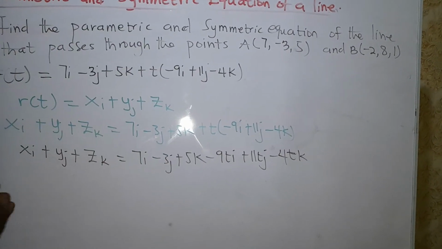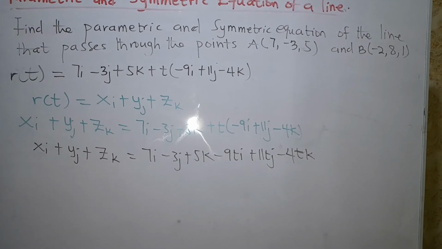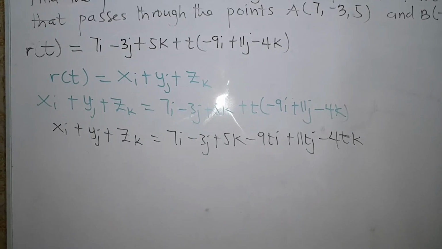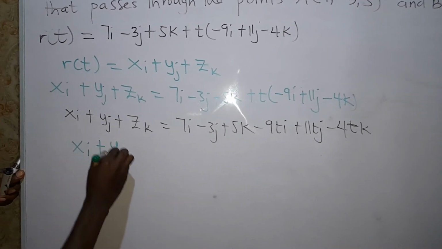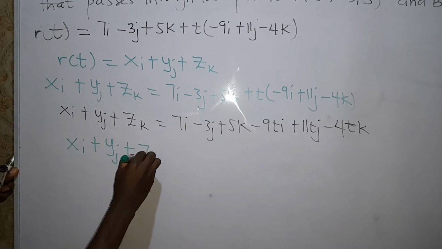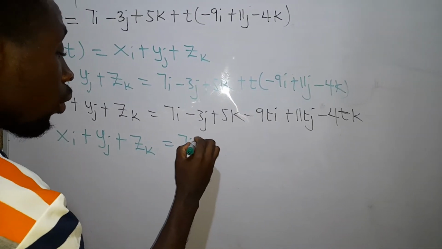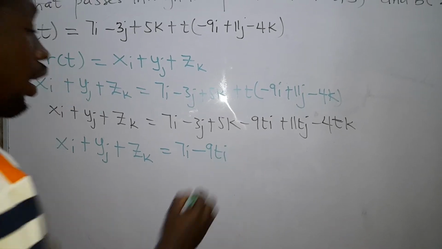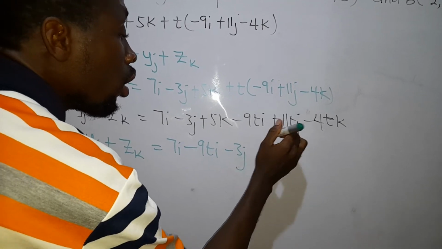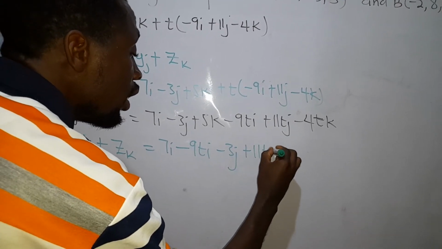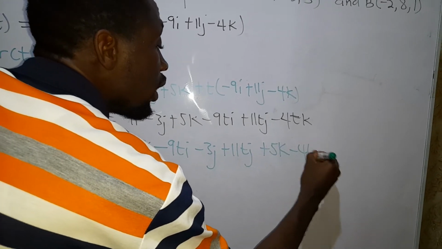Now we group like terms by bringing the i's, the j's, and the k's together. When we do that, we have xi plus yj plus zk equal to 7i minus 9ti, then minus 3j plus 11tj, then plus 5k minus 4tk.